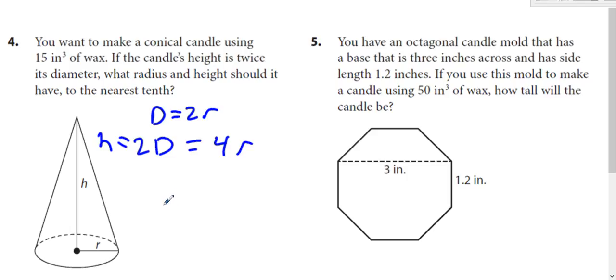So we need volume of the cone, which is pi r squared times the height. And we just said the height is 4r, so let's replace that right there, substitute it.